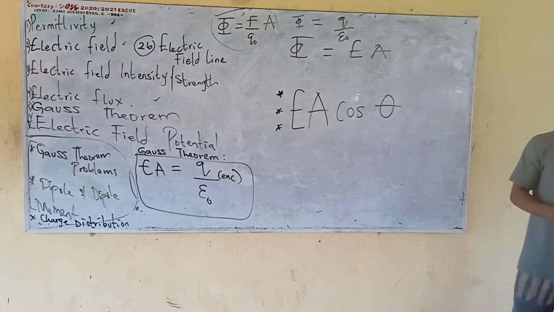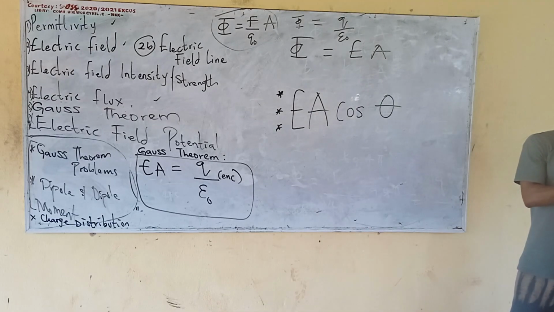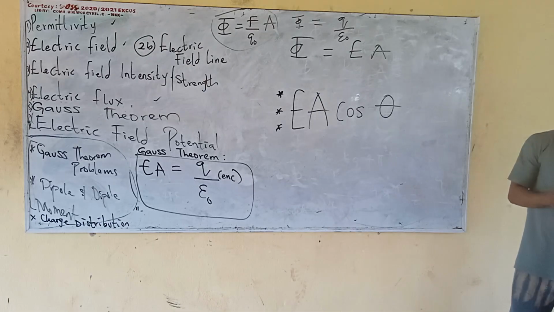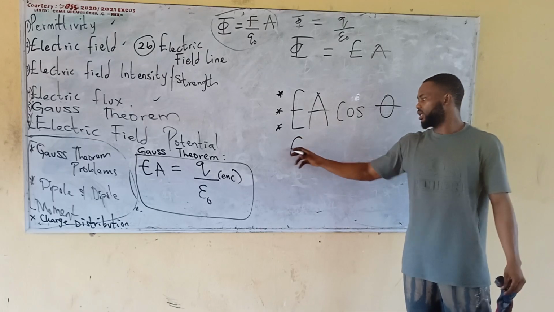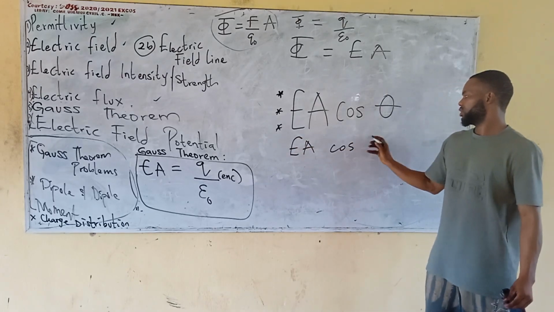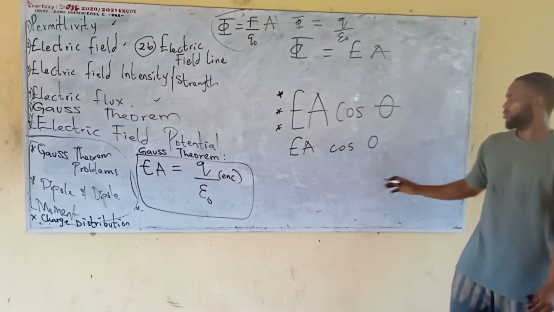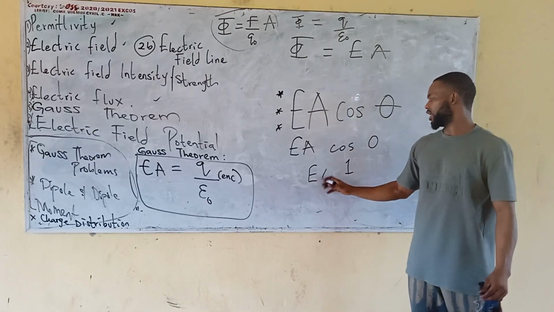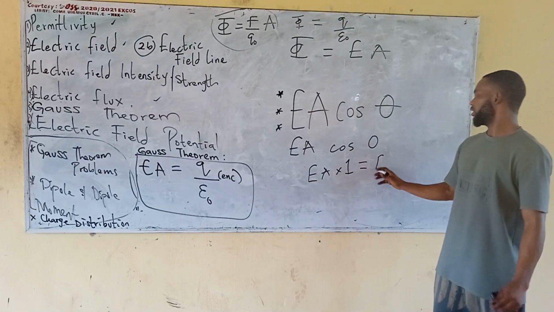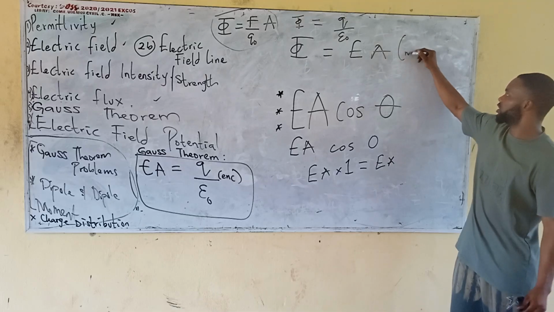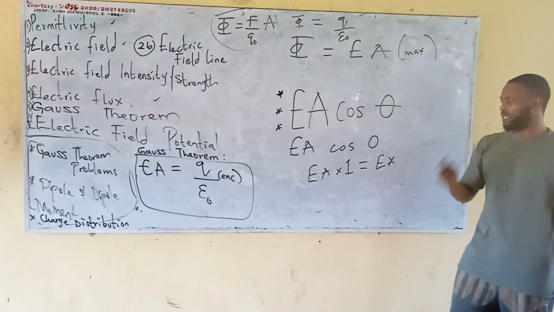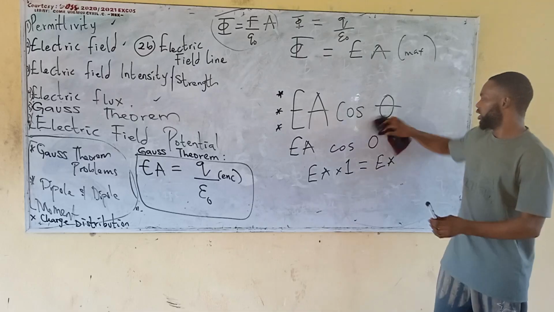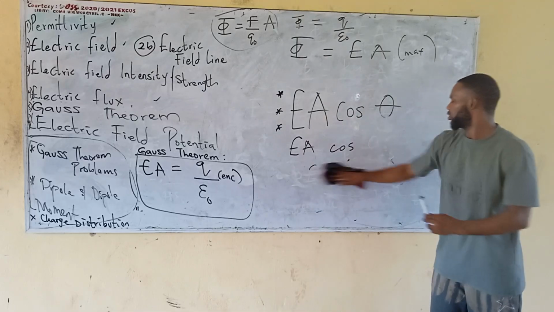For maximum, EA has cos 0, and cos 0 is 1, right? EA times 1 is EA. So at this point, this is maximum. Now, I'll prove it to you: a situation where you are now having EA cos 90. Cos 90 is what?